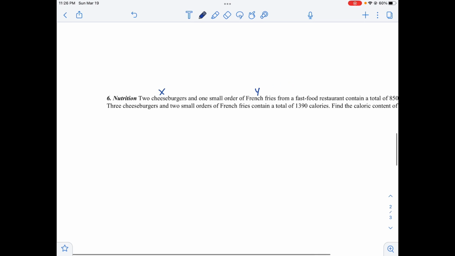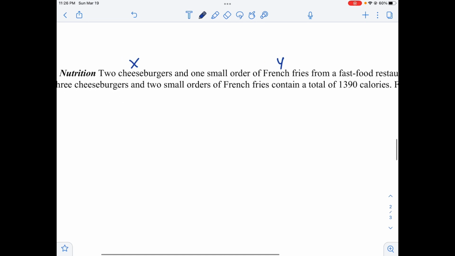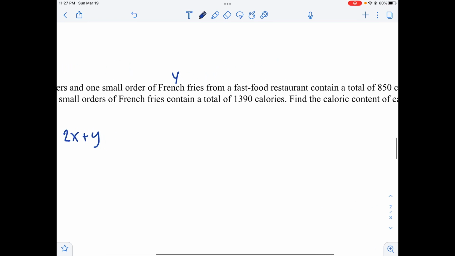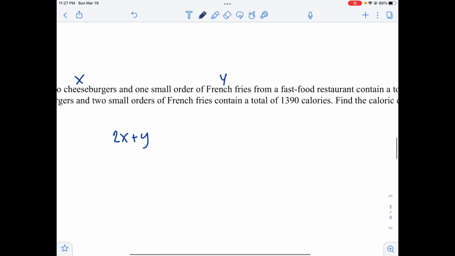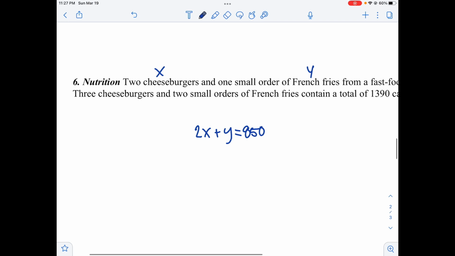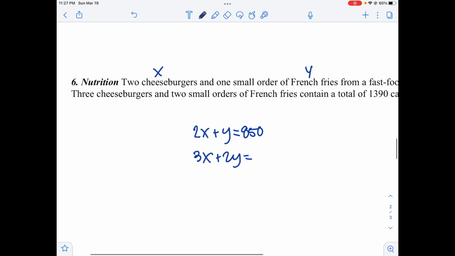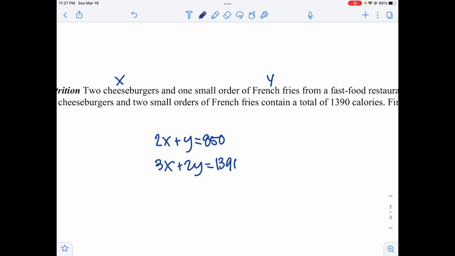For the first equation, 2 cheeseburgers is 2x, plus 1 order of small fries, y, equal to 850 calories. For the second equation, 3x plus 2y is equal to 1,390.